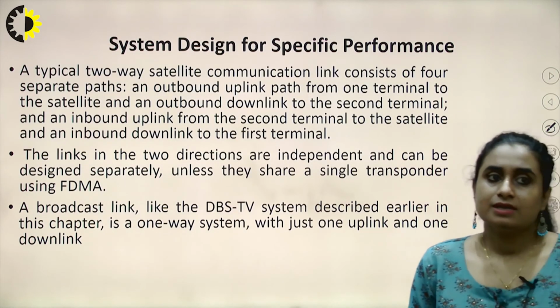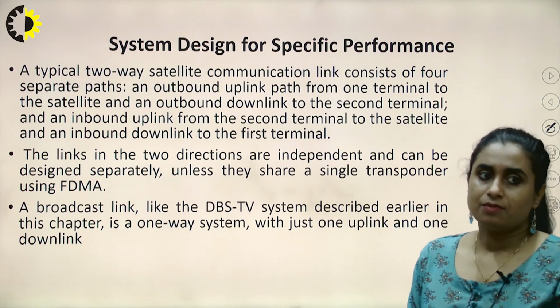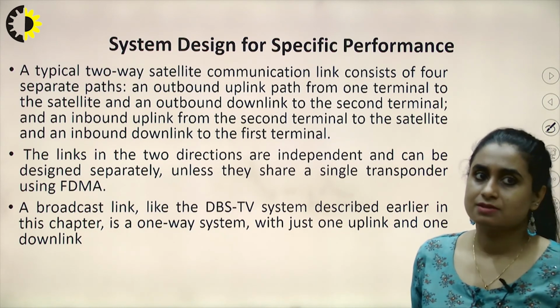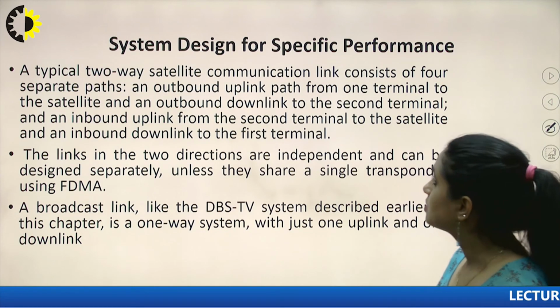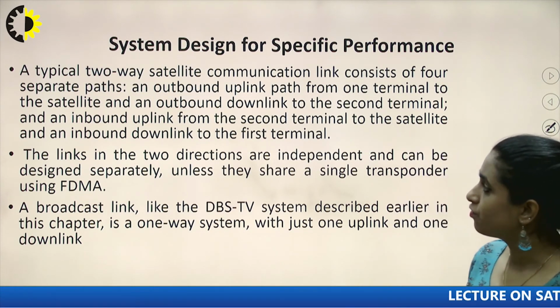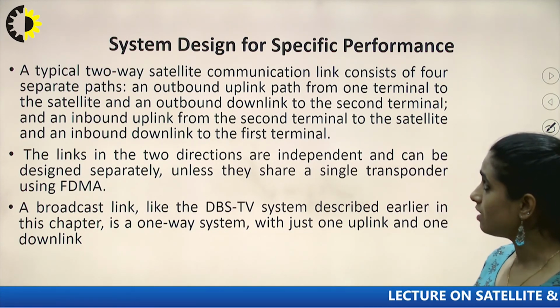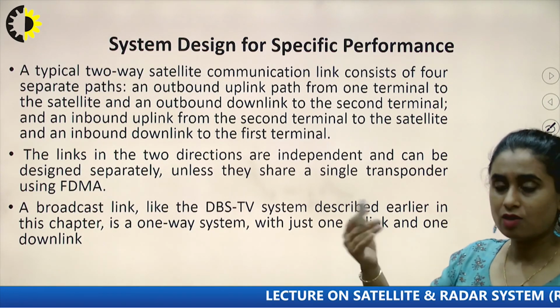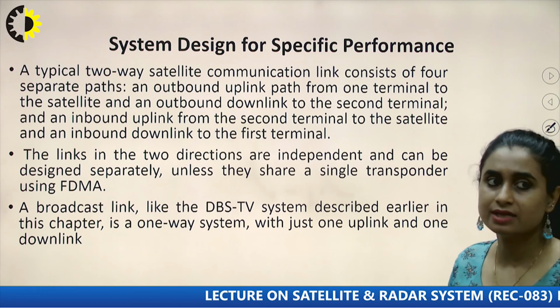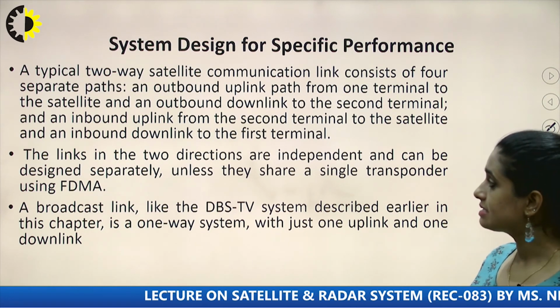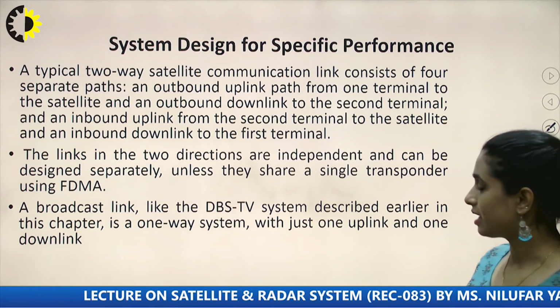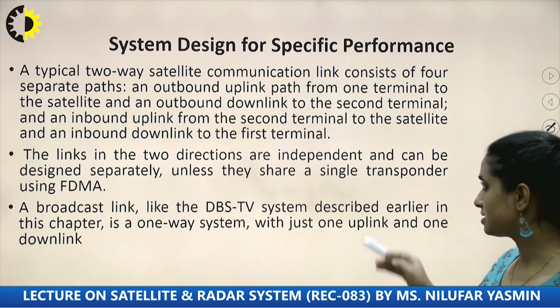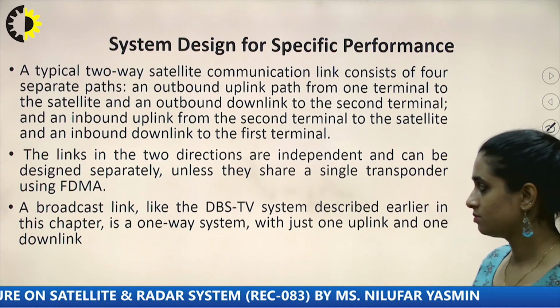Now, how do we design a system for specific performance? There are several steps. A typical two-way satellite communication link consists of 4 separate paths, true? Outbound link, inbound link, right? For uplink, outbound and inbound. For downlink, outbound and inbound. The links in 2 directions are independent and can be designed separately, true, unless they share a single transponder, right?